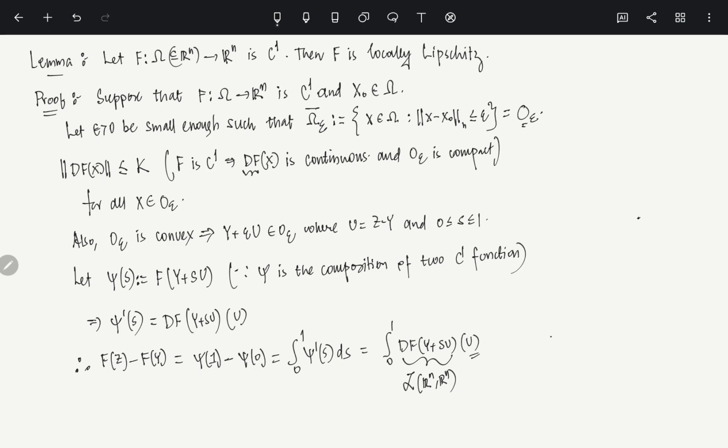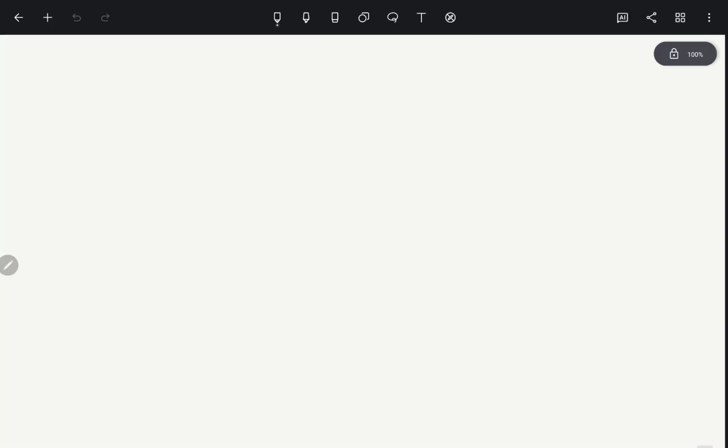Right, now you see what is happening is this: this u is nothing but an element of O epsilon, right? U is an element of O epsilon. And if we are just restricting our F to O epsilon, let us put it this way.